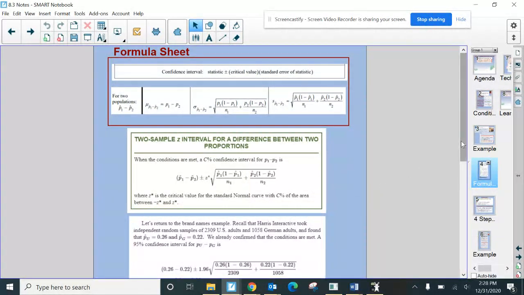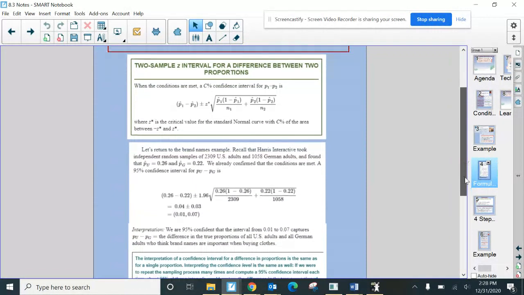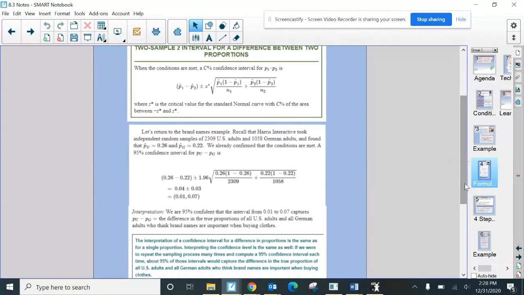So if we look back at that example, if we want to calculate a 95% interval for that, the proportion of the United States minus the proportion of Germany for the brand name example, we can see when we subtract, we get 0.04.